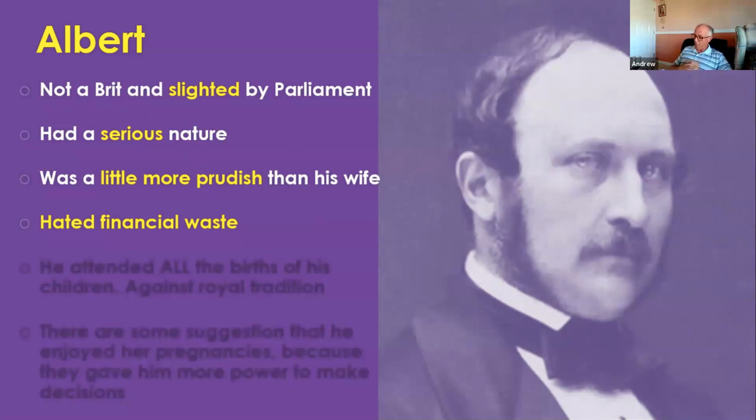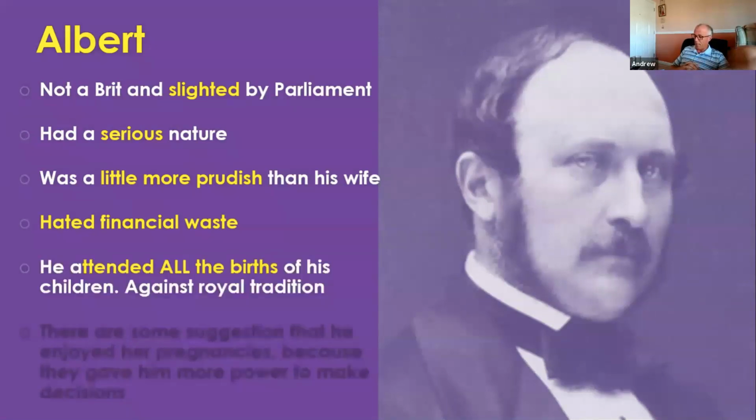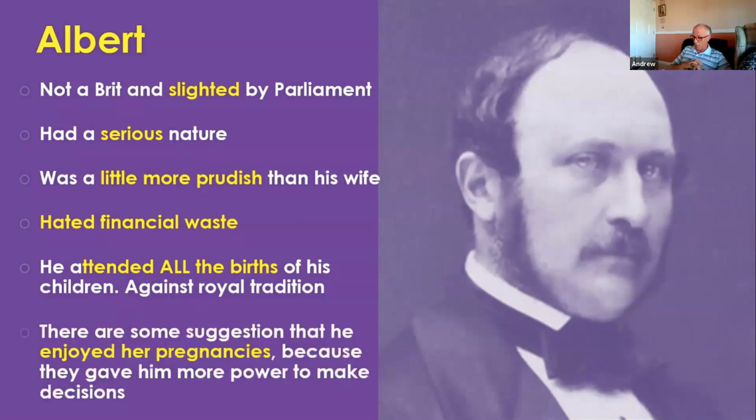He hated financial waste and worked hard to cut expenses at Buckingham Palace. In fact, he did a pretty good job. He saved £25,000 on staff pensions and other arrangements. I mentioned that he attended all the births of his children, which was extremely unusual because that was against royal tradition.